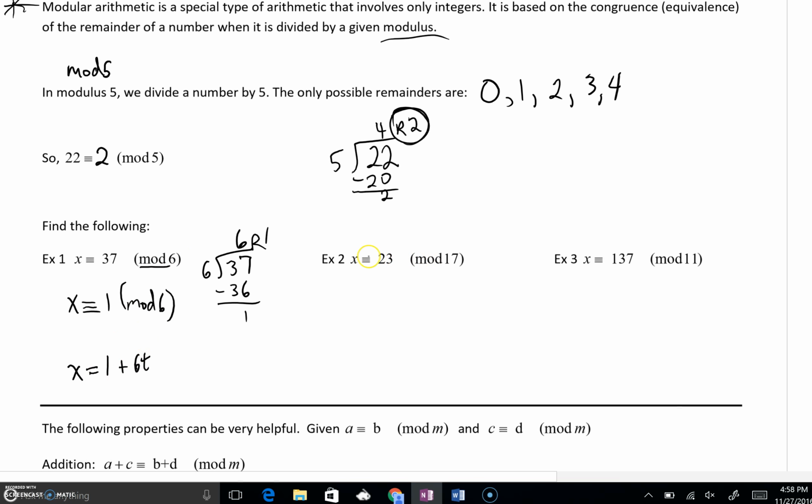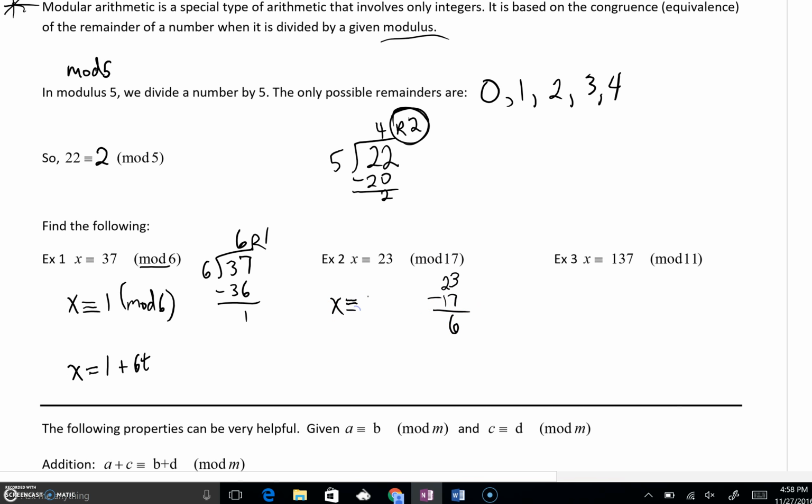Let's jump over here to x congruent to 23 mod 17. Very often kids even wonder if they could just subtract 17 repeatedly. And you actually could. You could say, well, what's 23 minus 17? That's really saying that 17 would go into 23. If we were to do some work, 17 would go into 23 once, and we'd have 6 remaining.